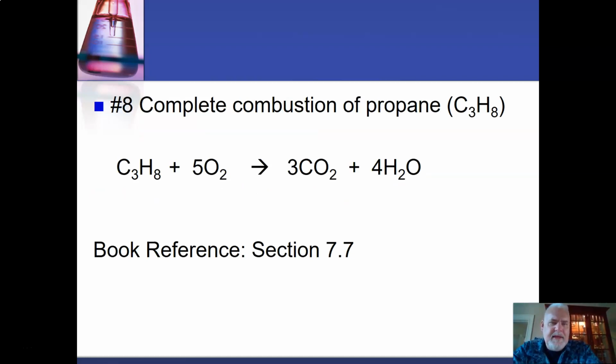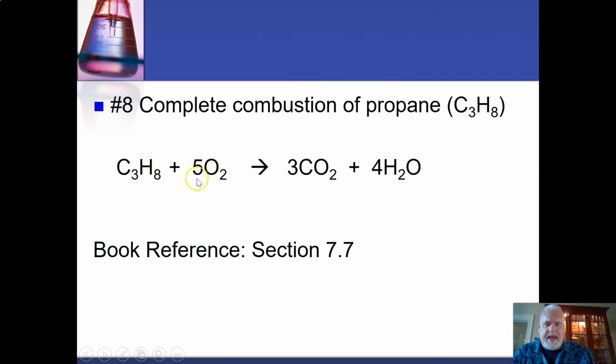Number 8 is the complete combustion of propane. I'm just giving you some examples that would be helpful for you in these problems. So what you have is the formula for propane, because you know how to count to 4 in organic. This is 3. Double that, add 2.